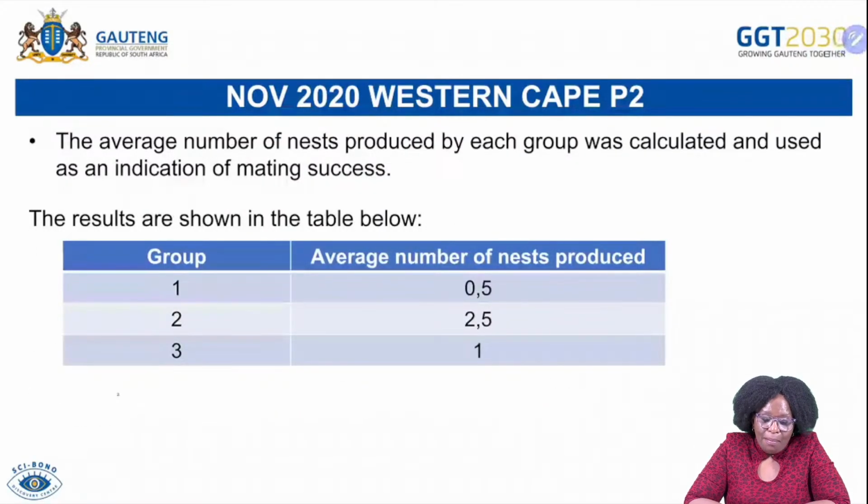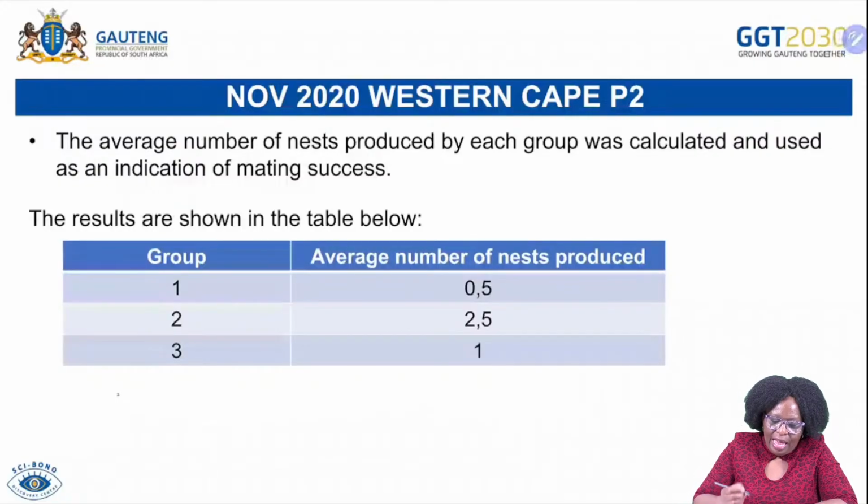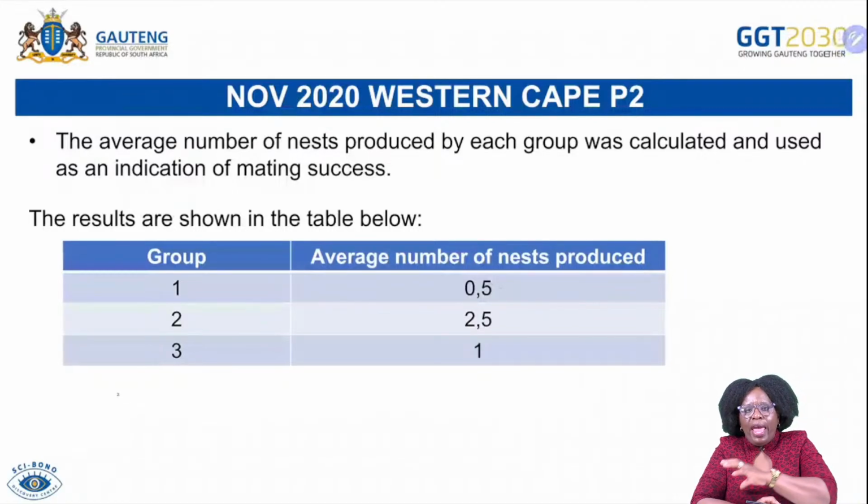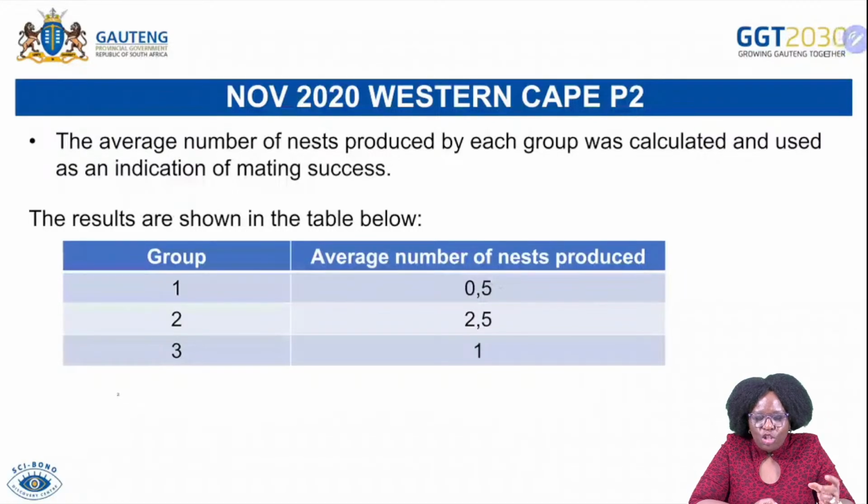The average number of nests produced by each group was calculated and used as an indication of mating success. So the results are shown in the table below. Group 1, the result is 0.5. Remember, group 1 is where the tail was cut short.